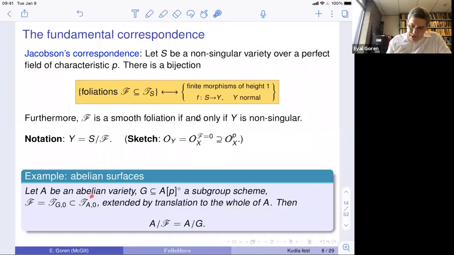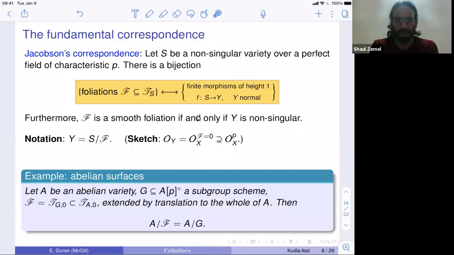It could be of any rank, of any dimension. It depends on the situation, but a priori it could be of any rank. And it's a locally free subsheaf. For example, if you're dealing with an abelian surface, which is a product of elliptic curves, you can find here things of any rank.